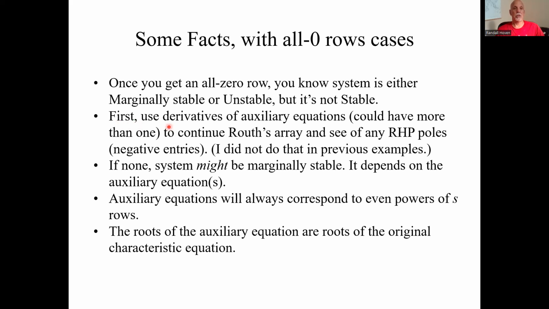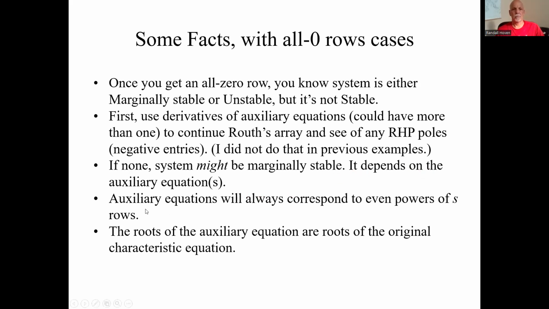What you should do is use the derivatives of the auxiliary equations to continue doing the Routh array to see if there are any poles in the right half plane. I didn't do that in my previous examples. If you don't find any, the system might be marginally stable, but it might still be unstable. Depends on the auxiliary equations.